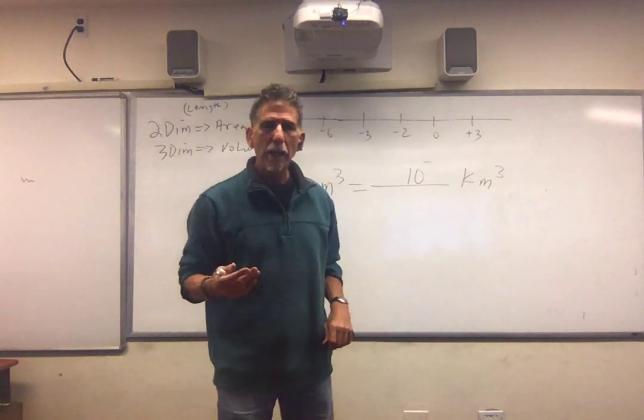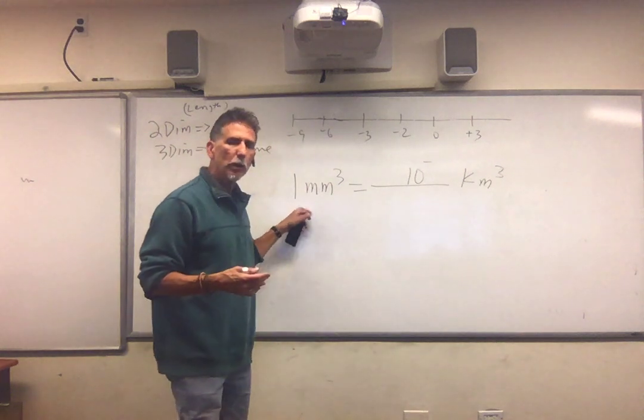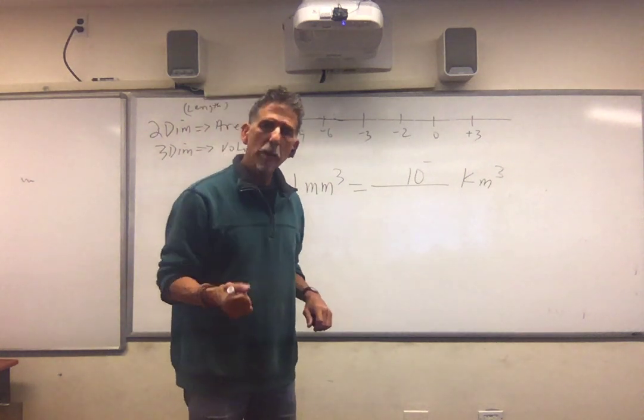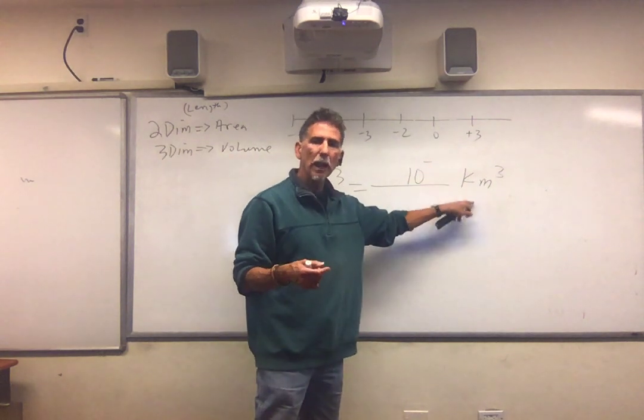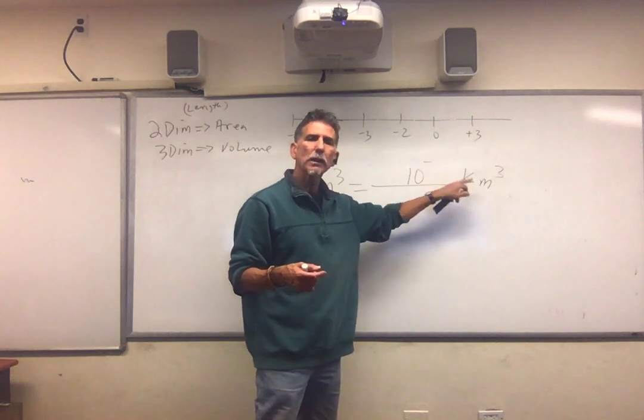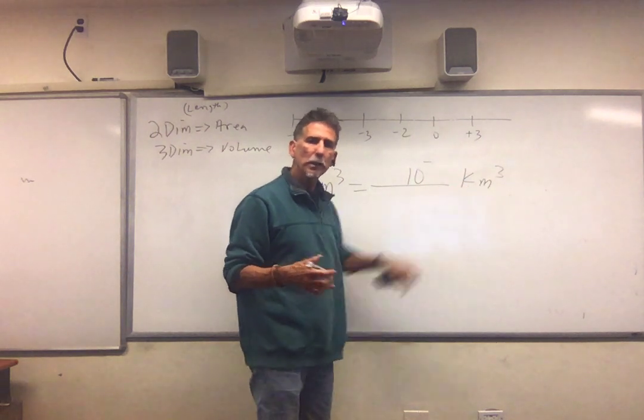So when I cube that, I get 1 millimeter cubed is 1 millimeter times 1 millimeter times 1 millimeter, which is 10 to the minus 6 kilometer times 10 to the minus 6 kilometer times 10 to the minus 6 kilometer.